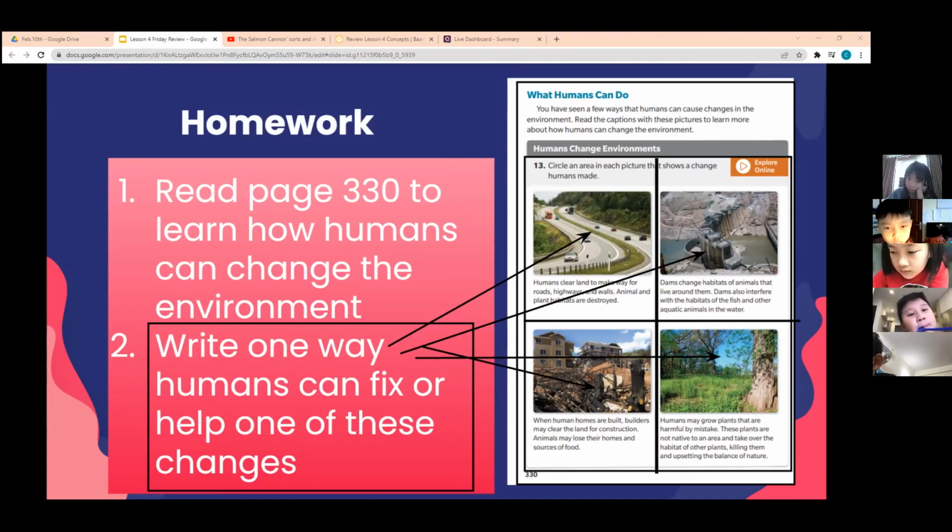If you want to, you can also draw your idea to solve one of these problems.